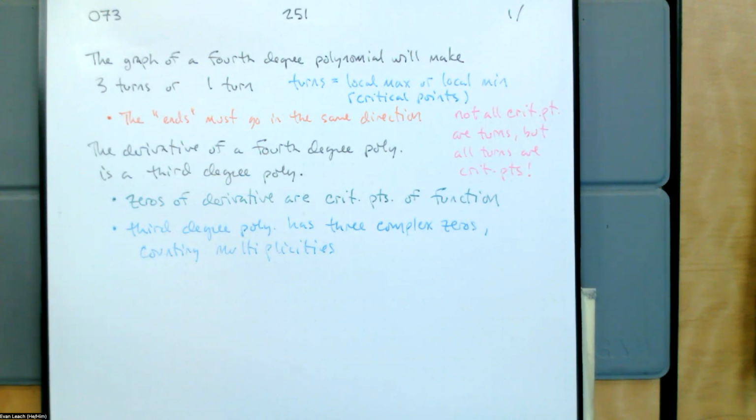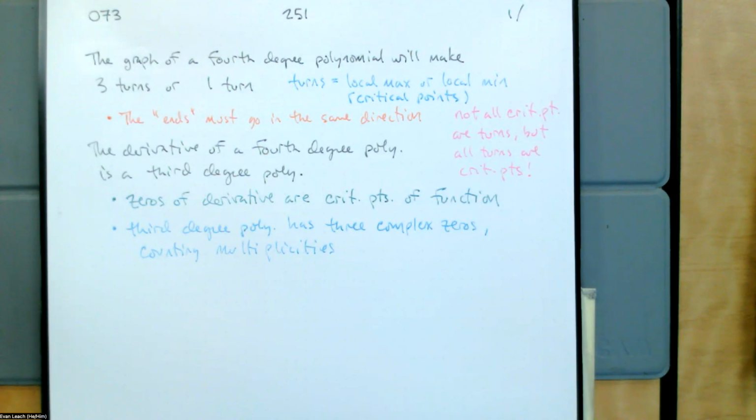This in turn will tell us about the critical points of our original function, our fourth degree polynomial function. Counting multiplicities, so repeated zeros. So let's list off everything that could happen.